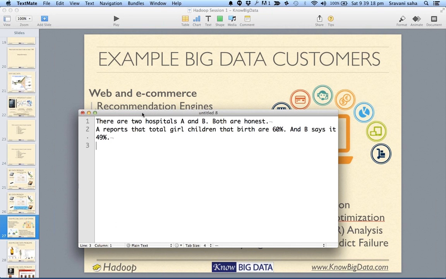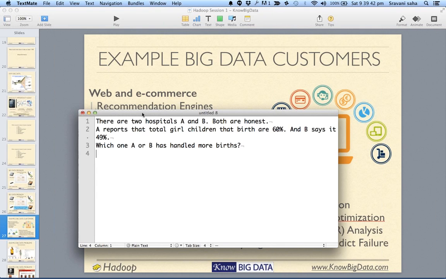So which one, A or B, has handled more births?